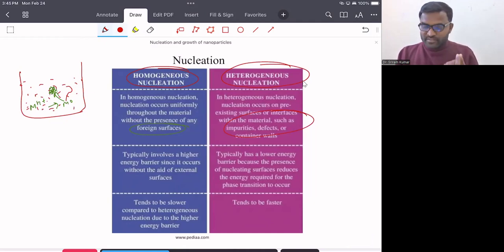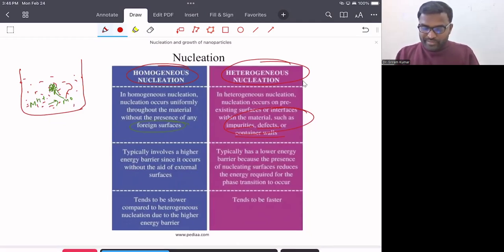That foreign surface may be the wall of the container. Maybe we have impurities, maybe defects. These materials can act as foreign materials, and the growth happens on the defects or impurities of the containing wall.